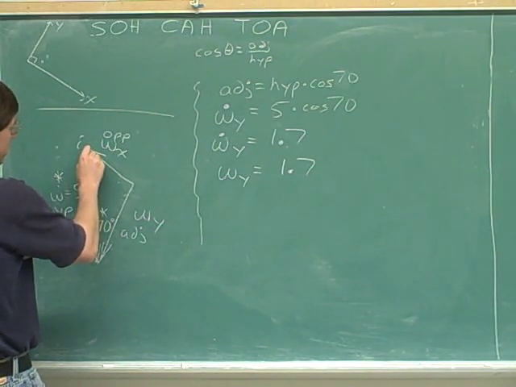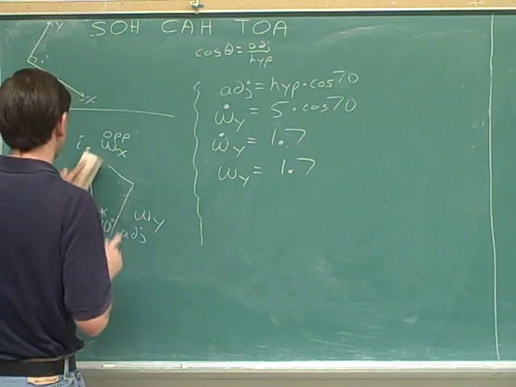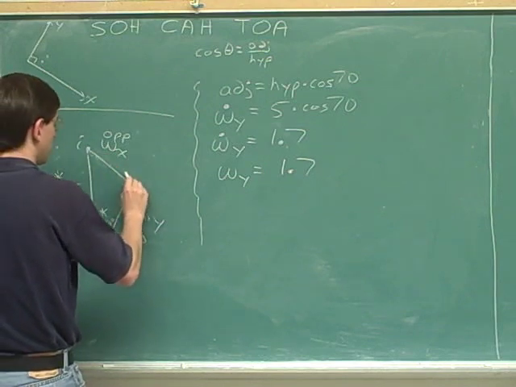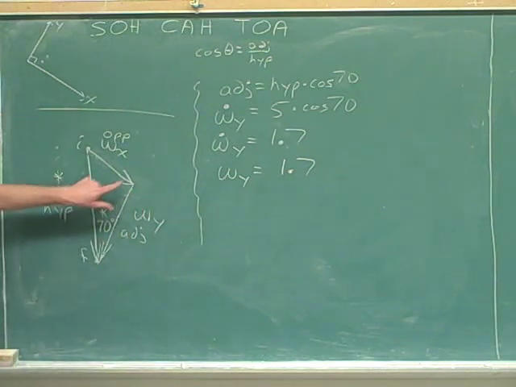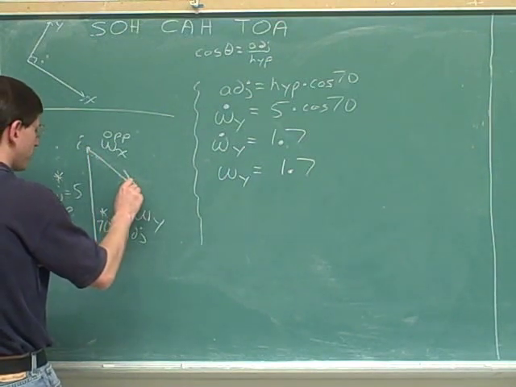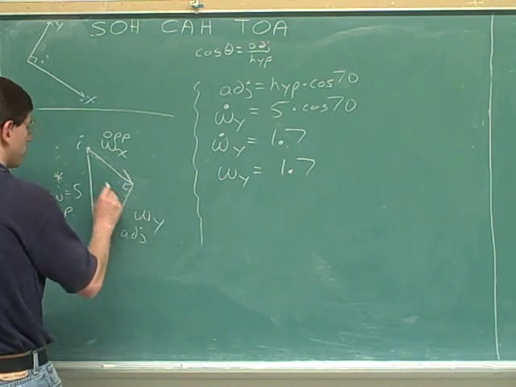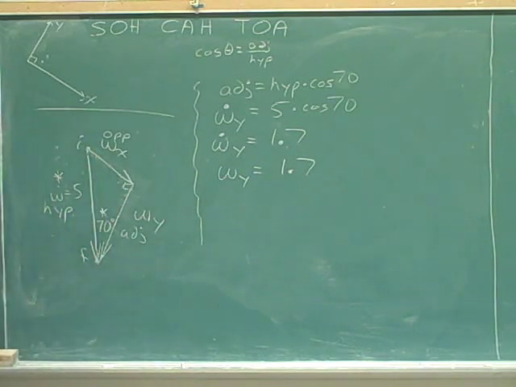If I try to follow along the x component, I can't move in this direction because the arrow is pointing in the wrong direction. So instead I should say that this is the x component, over here pointing in this direction. And then the y component has to take us in this direction. That way, following along the components, we can get from the initial point to the final point. I hope that was clear.